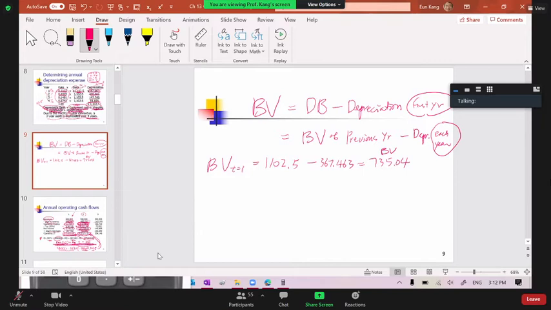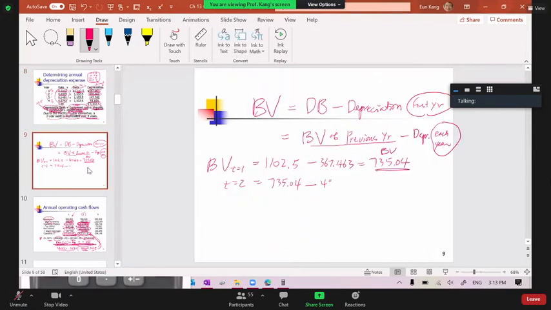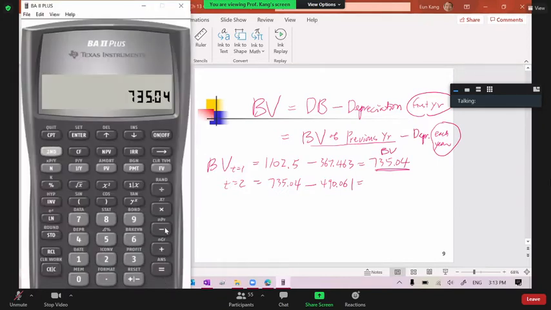Book value at t equals 2 is the previous year's book value, 735.04, minus that year's depreciation, 490.061, which gives 244.98.